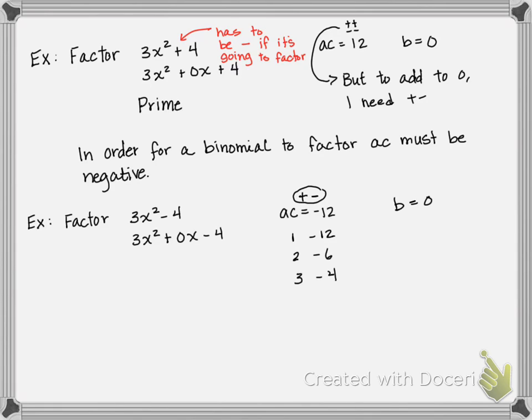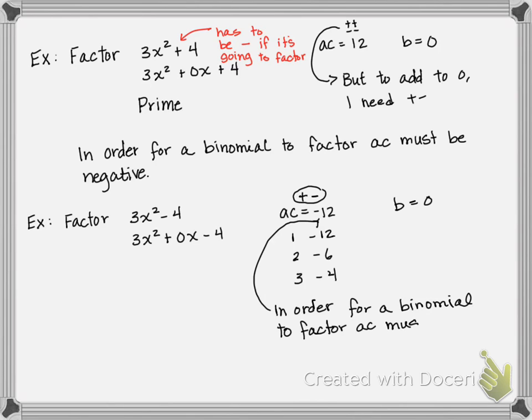So like 3 and negative 3, 4 and negative 4, which means in order to factor, AC must be negative and a perfect square.